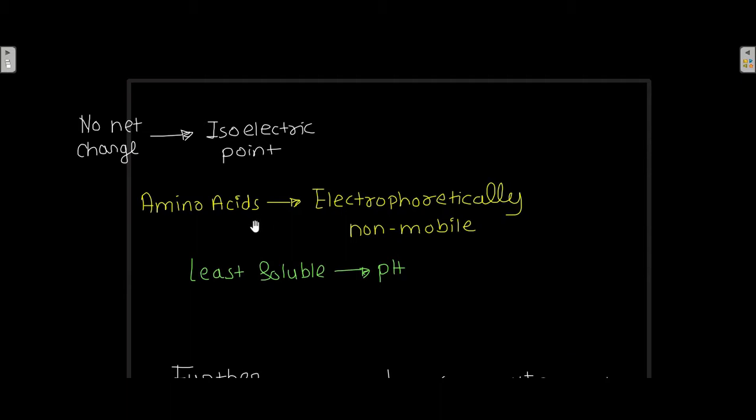Now because at the isoelectric point there is no net charge, the amino acids are electrophoretically non-mobile, and that is the reason why they are least soluble at the isoelectric point, at this particular pH.